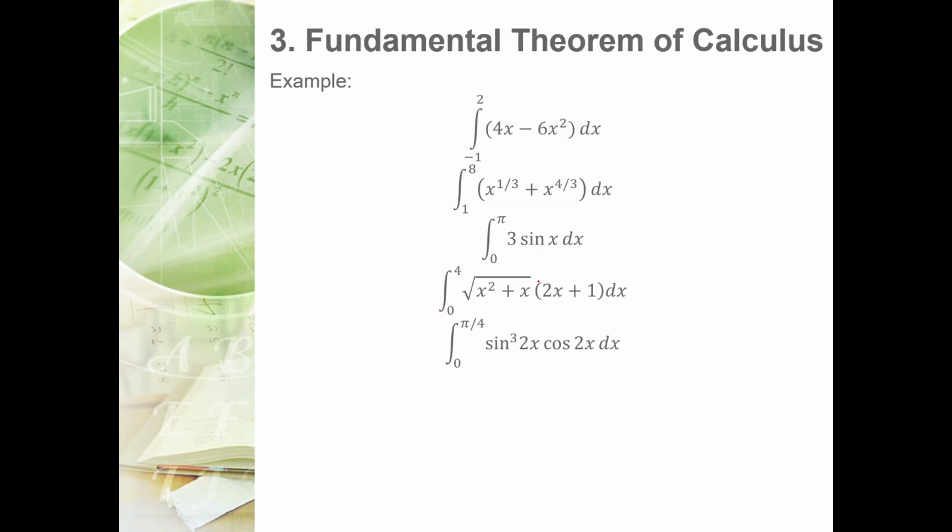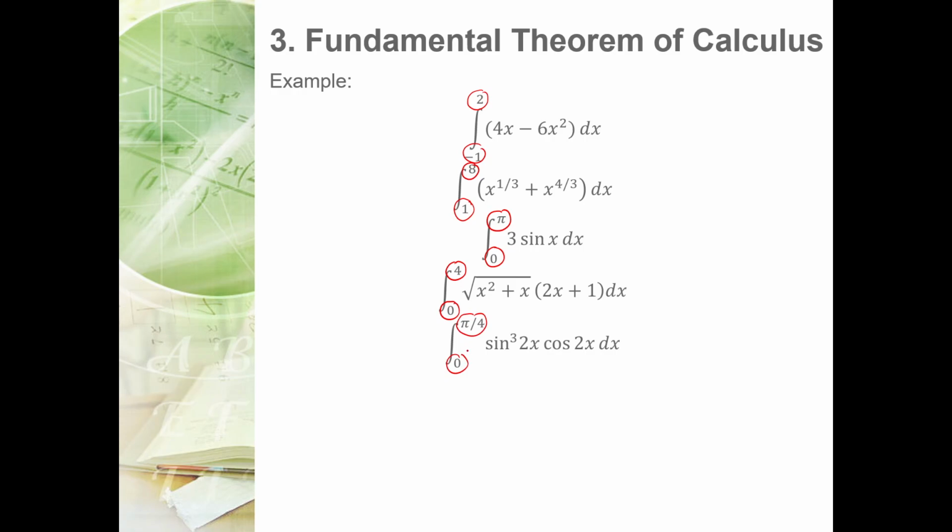So let's try to solve 5 problems. As you can see, the only new thing here is your limits of integration. In integrating, I think it's not a new thing because we have been integrating up until this point.